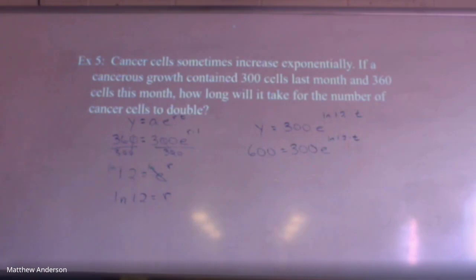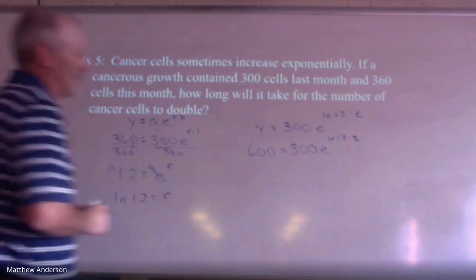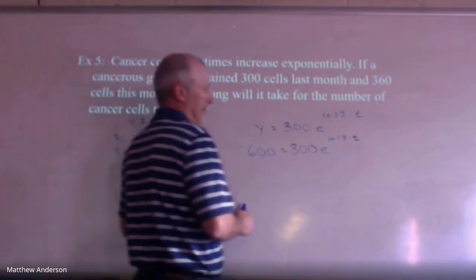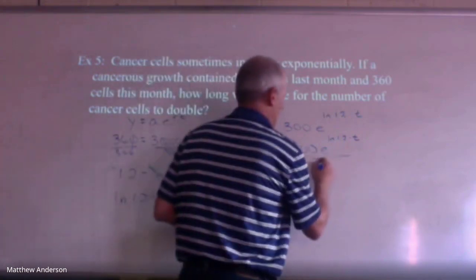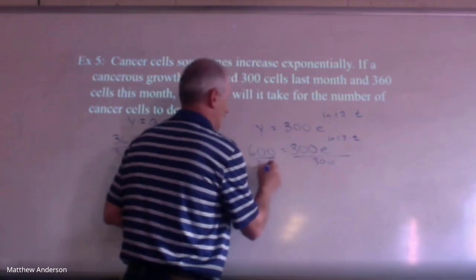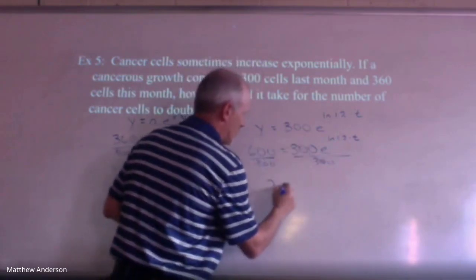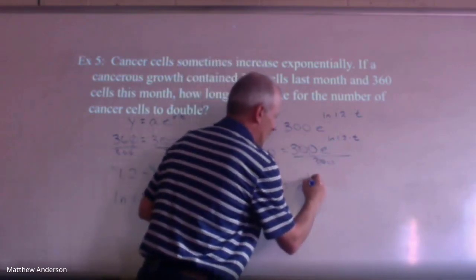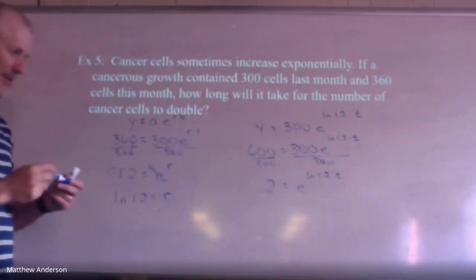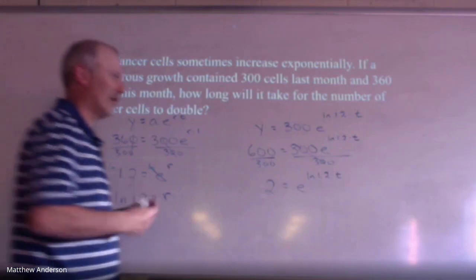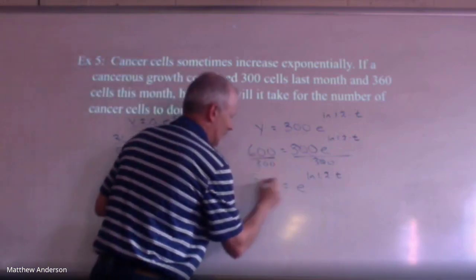So again, it's the same type of thing, right? What are we going to do next? Divide by 300. So this is now a 2. E to the natural log of 1.2 times T. What are we going to do after that? Natural log of both sides.